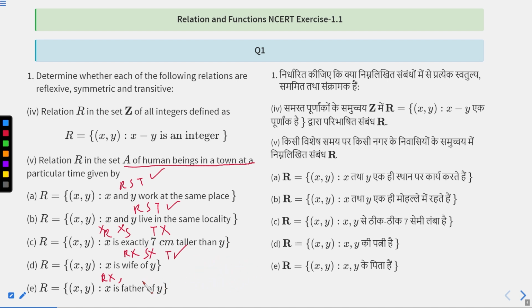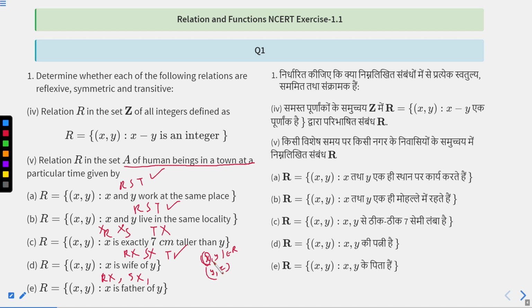So y is the son. x is the father of y, but y is the son, not the father. So symmetric is not there. Let's check for transitivity. If (x, y) belongs to R, x is the father of y, and y is the father of z.